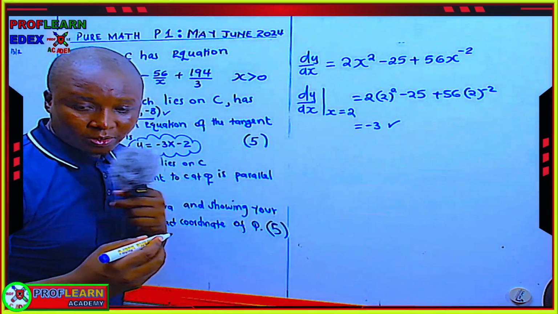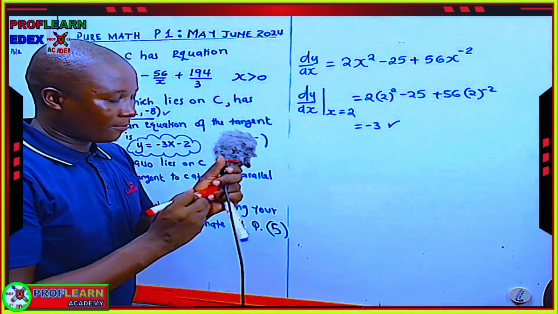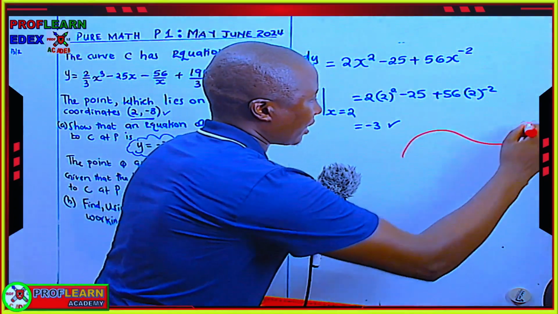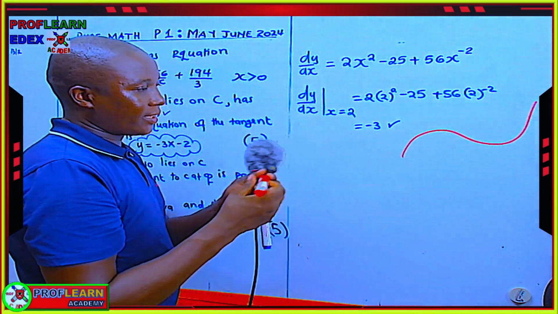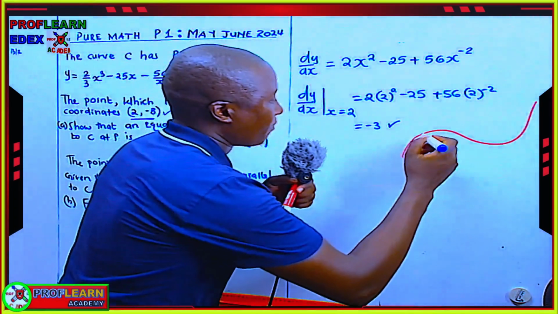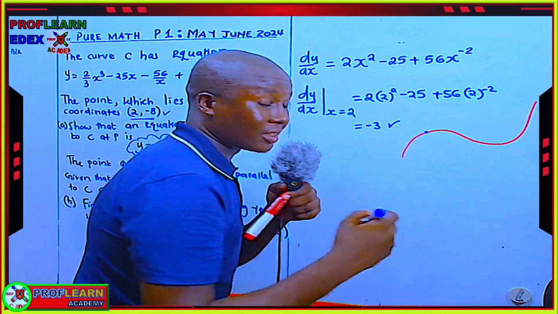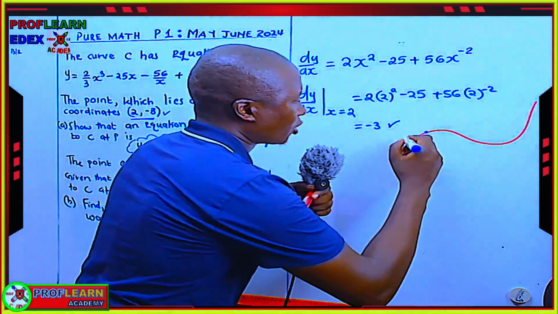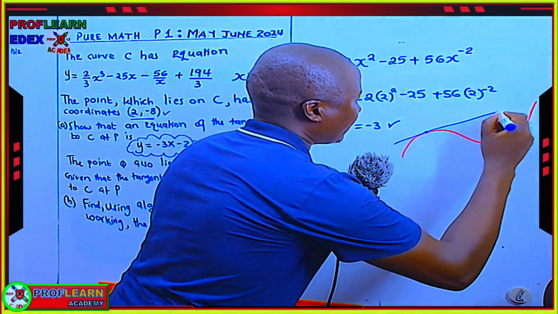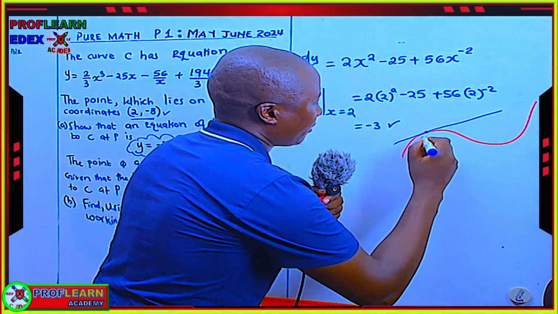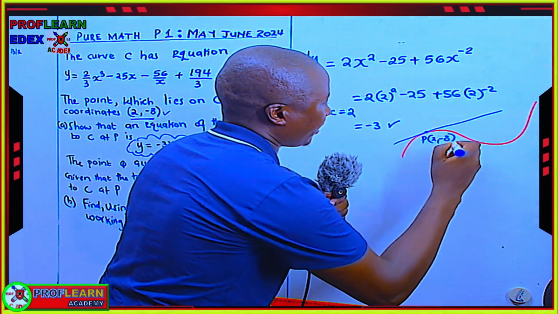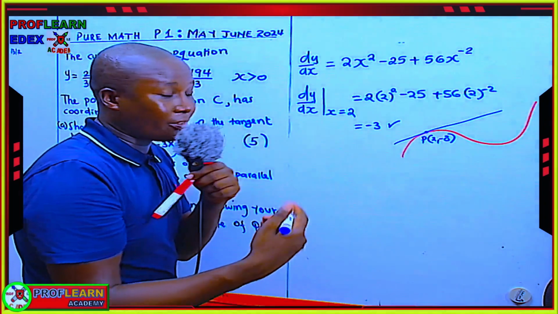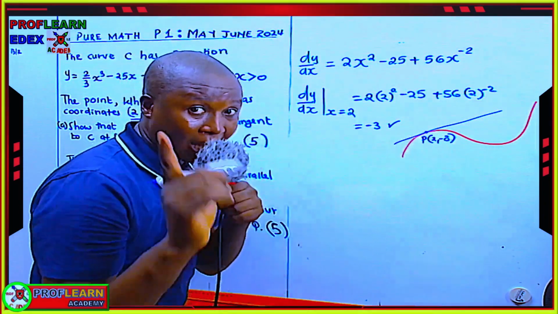Now, something that you need to remember is that when you are talking of a curve, suppose we have this curve here, and we are trying to find the equation of the tangent. A tangent is a line that touches a curve at one specific point. So if we have a tangent at this point P, which is 2, negative 8, it means the gradient of the tangent and the gradient of the curve at this particular point are equal.